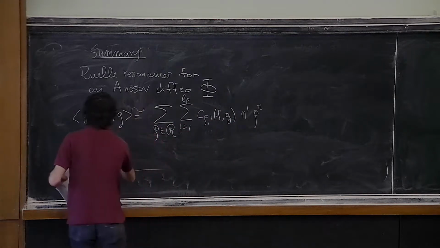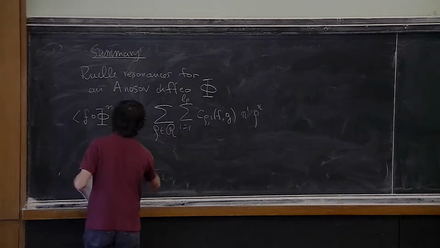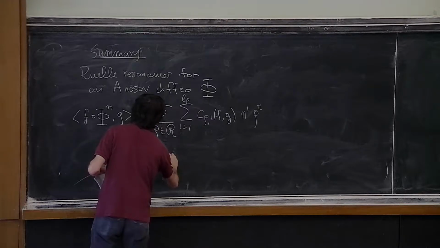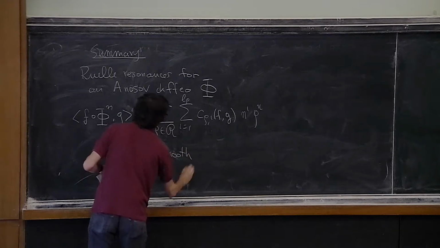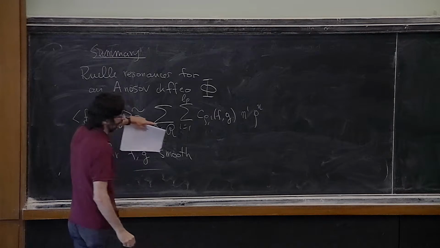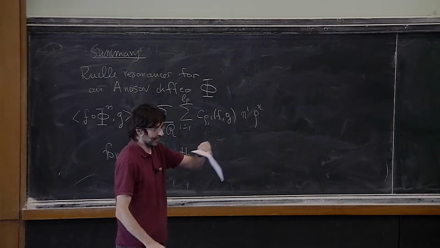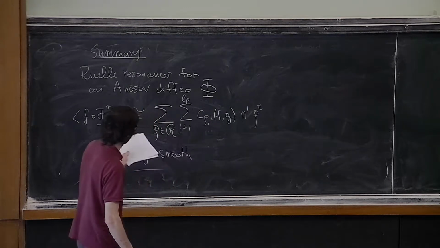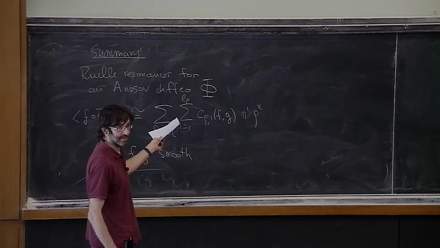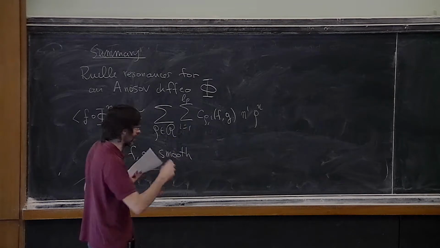And this is for f, g smooth. I should point out that Faure made me realize that it's not at all trivial that such an expansion even exists in general.